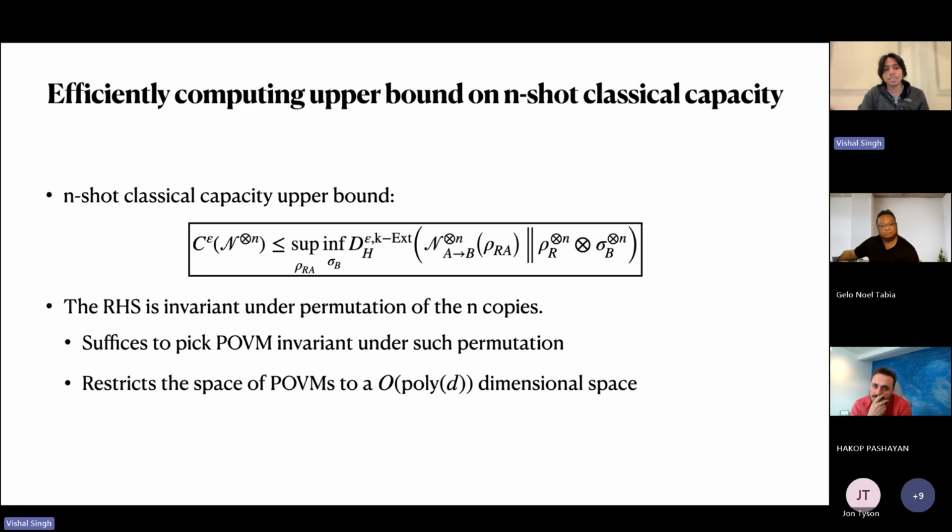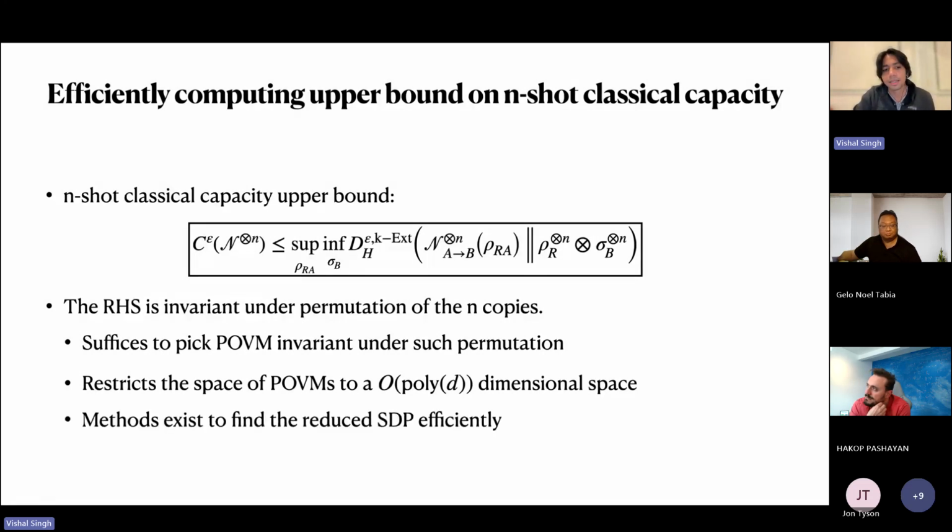And this reduction restricts the space of all POVMs that we have to search over from exponential to polynomial in the dimension of the channels, the input and output dimension of the channel. And then we know that there exist some methods to reduce this SDP efficiently.